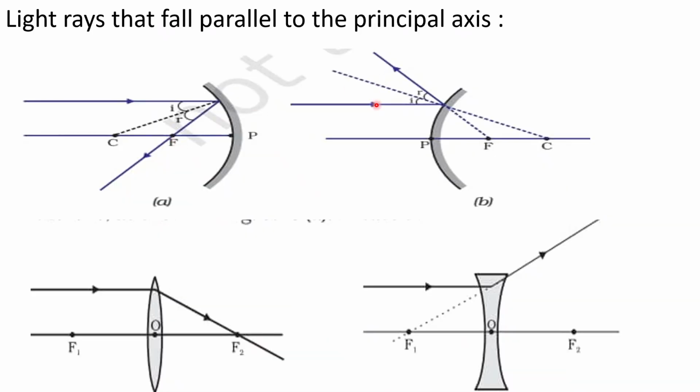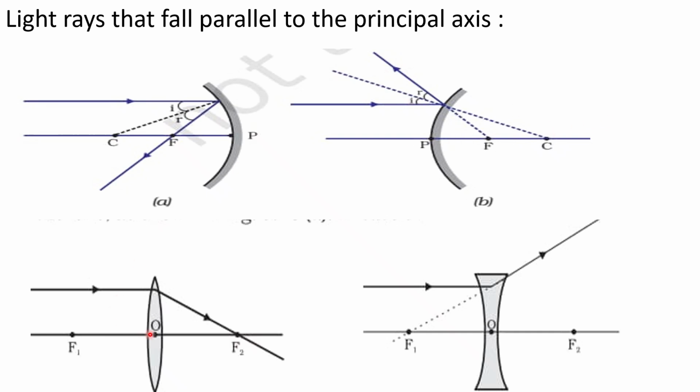In the case of a convex mirror, the parallel ray hits this point, makes the angle of incidence equal to the angle of reflection, and gets diverged away, appearing to emerge from this particular point. This is the point of divergence, and that is the focus on the principal axis.